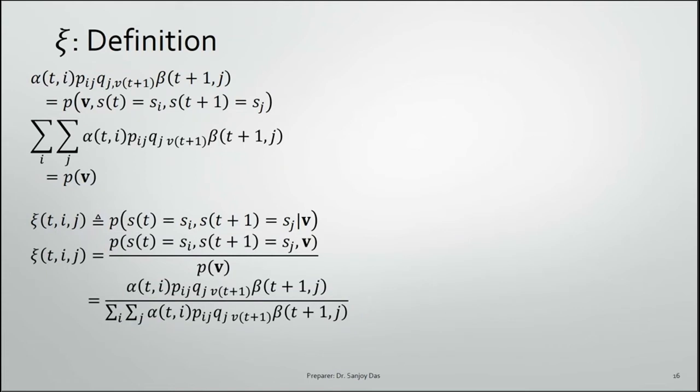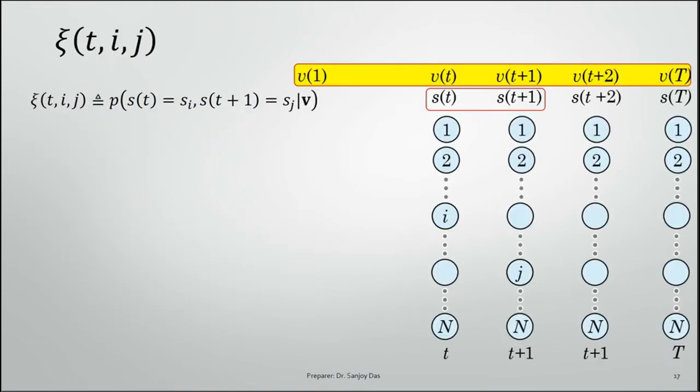So once again, Zeta t(i,j) is the probability of being in consecutive states Si and Sj at times t and t+1, given that the output sequence is this vector V. And that can be obtained readily from alphas and betas and the transition probabilities Q's and P's.